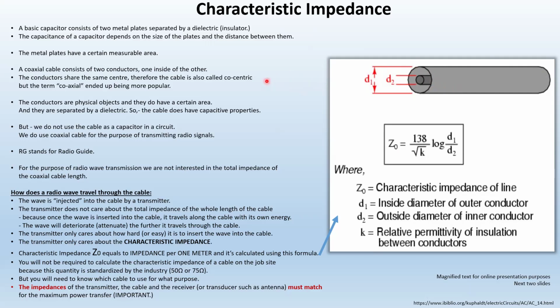So nothing heats up and you get good power transfer through the medium here. And that's all we need to know. So now you know the difference between impedance and the characteristic impedance, and now you have some sort of idea of how this idea is being put to use.